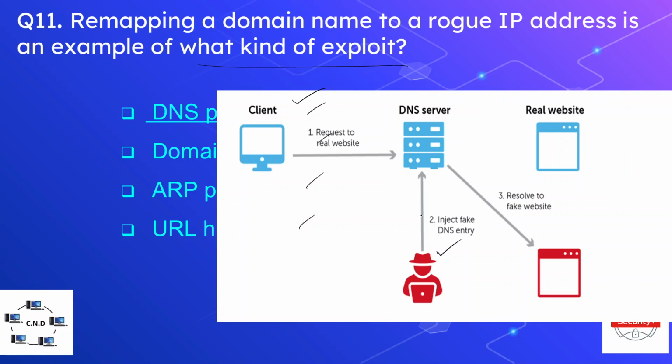He injects his own IP address instead of the real website's, and then the client is directed to the rogue or fake website instead of the real website, and this is carried out by DNS poisoning, by changing the DNS entry of the real website to the fake website.